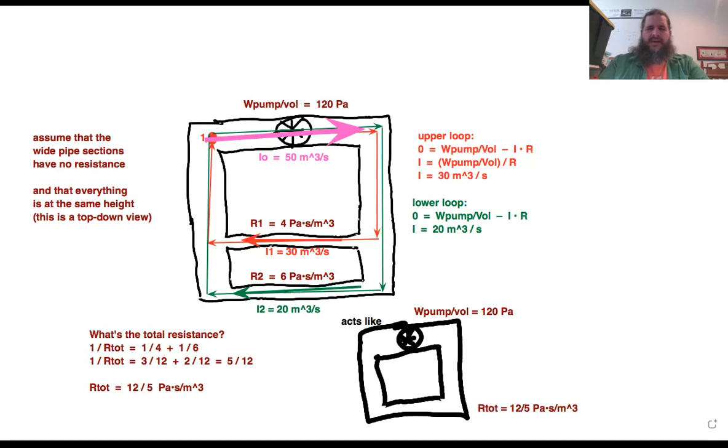And once again, we can isolate I and get work density of the pump divided by resistance. In this case, we'd be using the total resistance. So we've got 120 pascals divided by 12/5 Pascal seconds per cubic meter. And if you take 120 divided by 12/5, what do you get?